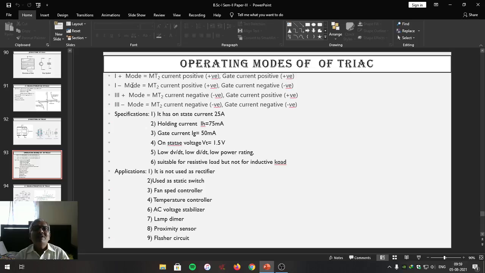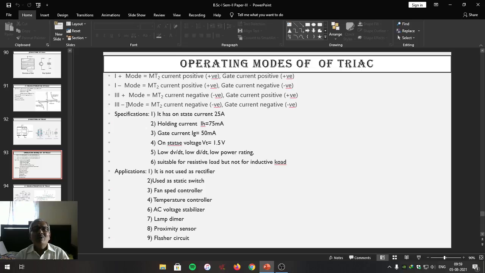Second one is mode 1 negative. Here MT2 is positive but gate is negative. Gate is negatively biased. Third mode of operation of the triac is 3 positive. We get the characteristic curve in the third quadrant, provided MT2 is negatively biased whereas gate is positively biased.